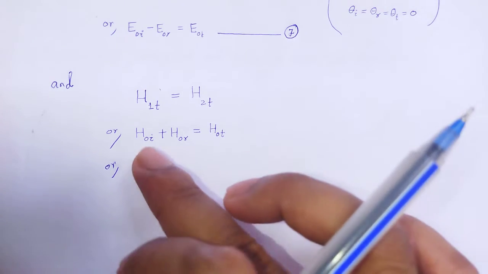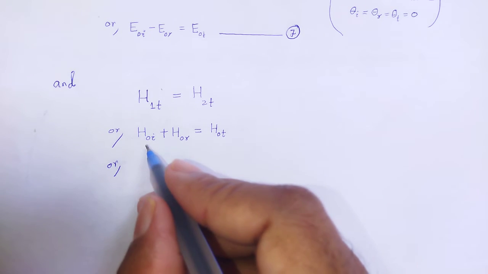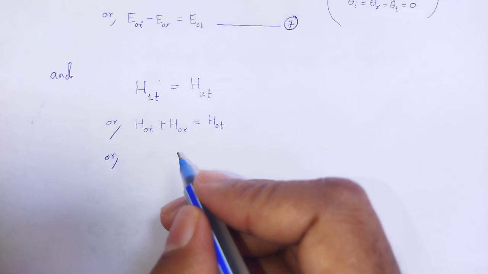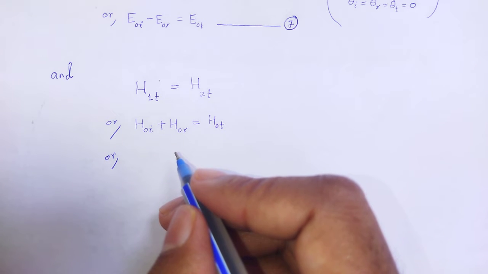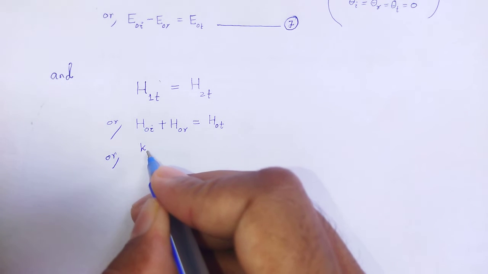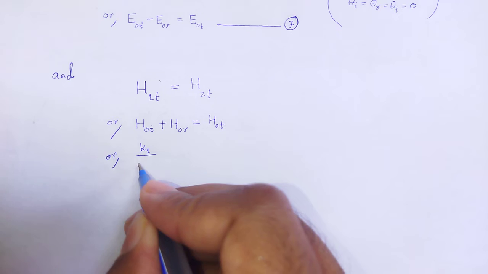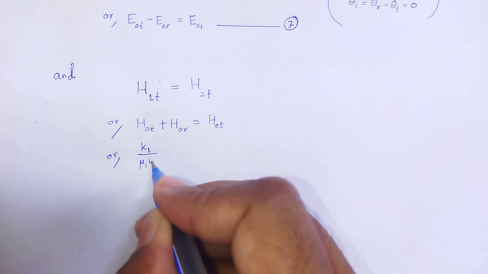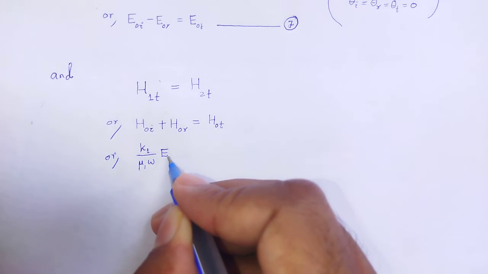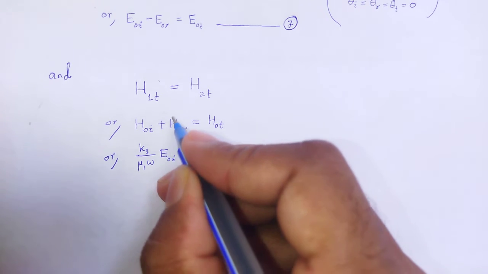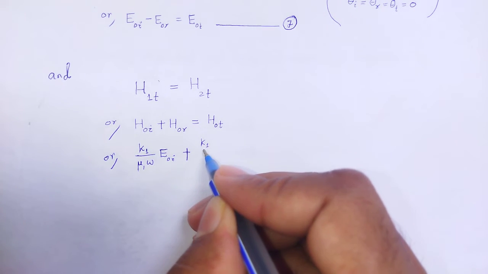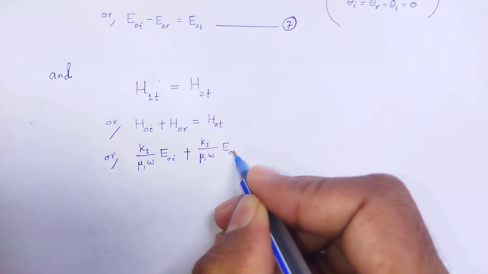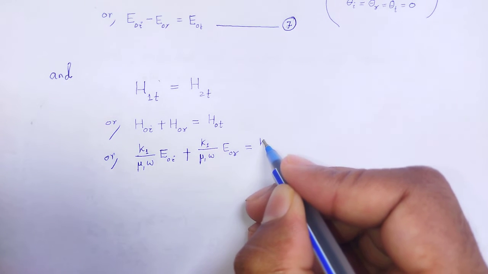So H0I, it is in medium 1, is written as K1 divided by mu1 omega E0I, plus for H0R, K1 divided by mu1 omega E0R.